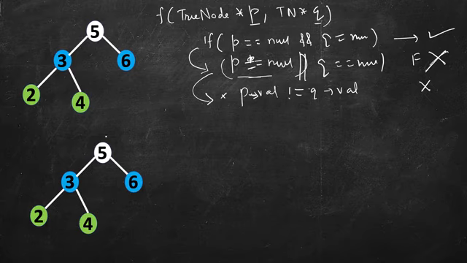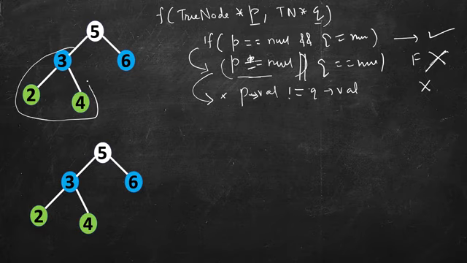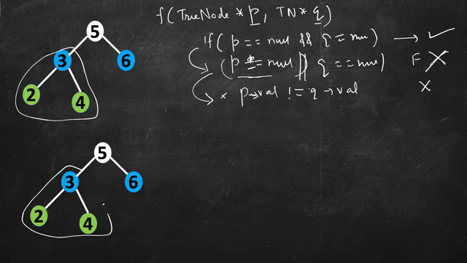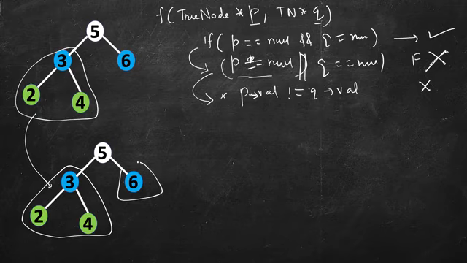Otherwise this root is the same. Now what we need to do, we will check for this left subtree. So if the complete trees are the same, then this left subtree should also be the same as this left subtree, and this right subtree should be the same as this right subtree.